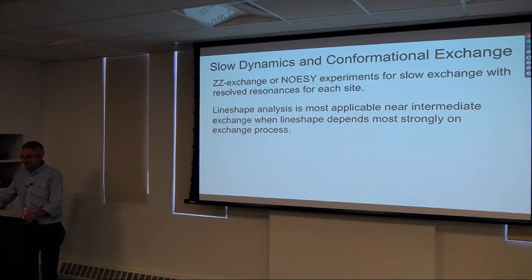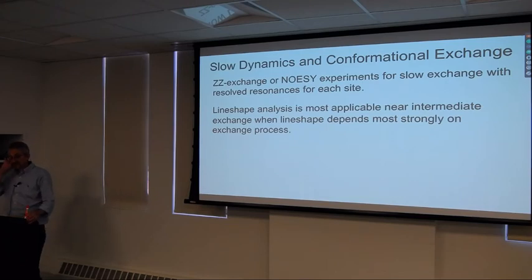There are a few papers where it's used quite a bit, if you're able to look at the ligand. So if you have a small molecule ligand that's binding to a protein, then even in intermediate exchange, the signal to noise on the small ligand may be good enough to do fitting.